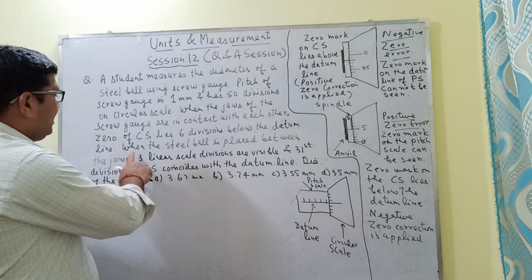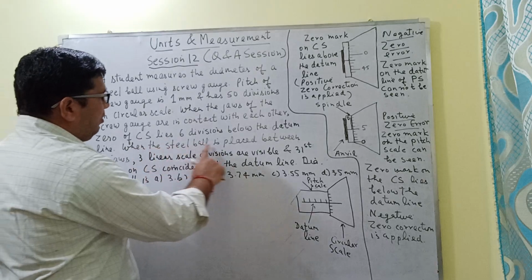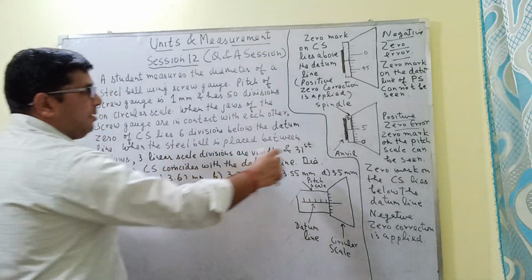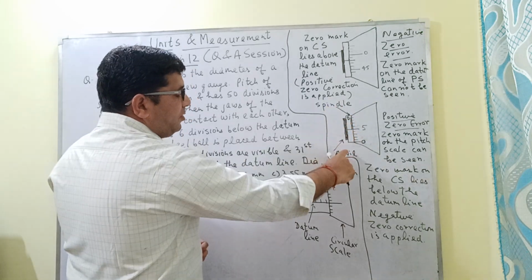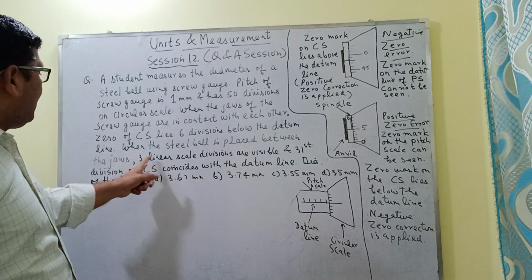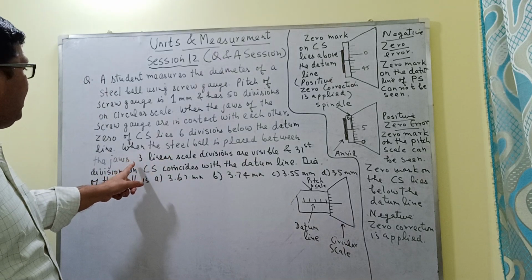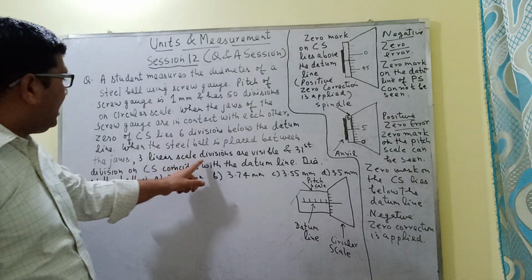So in this case, and second, when the steel ball is placed between the jaws, अब हम क्या करते हैं? We are now placing one steel ball between the jaws, or you can say between the anvil and the spindle. So when the steel ball is placed between the jaws, the 3 linear scale divisions are visible.